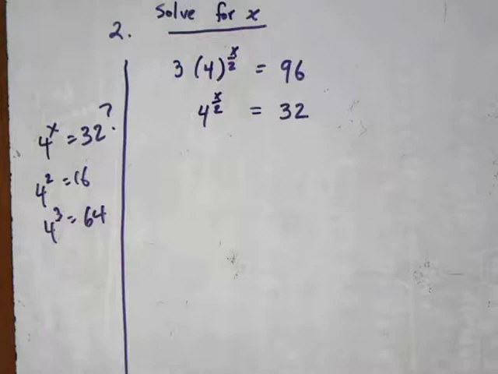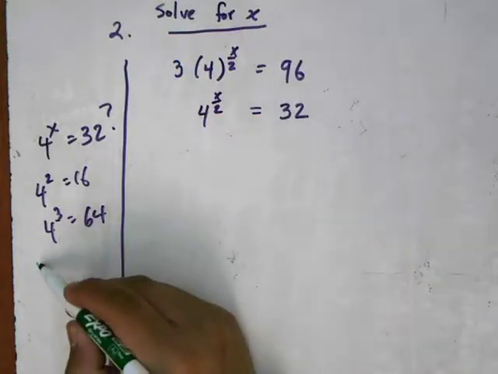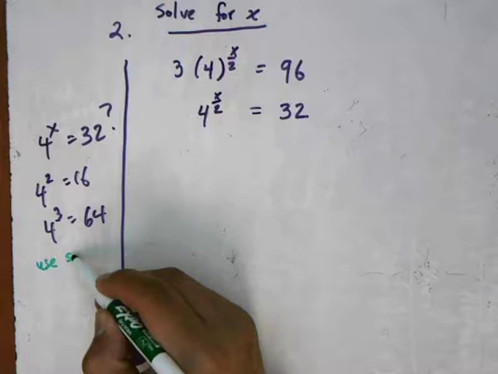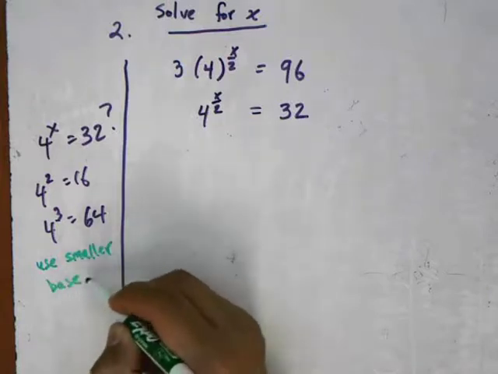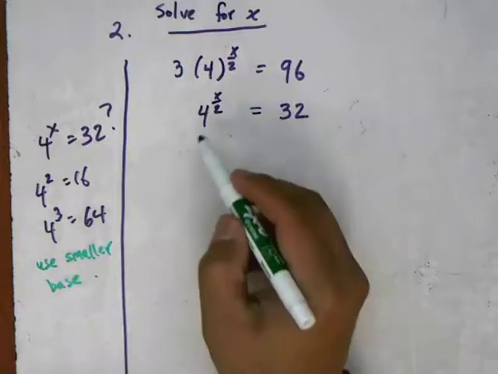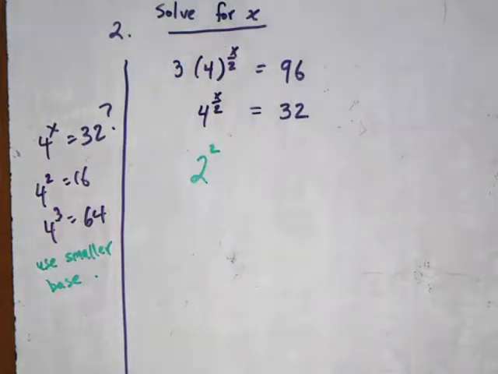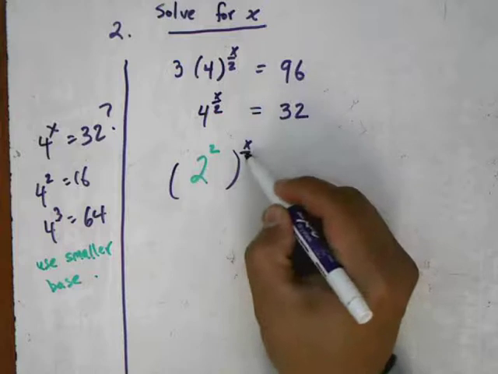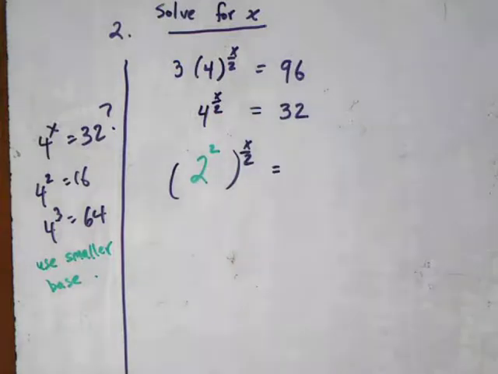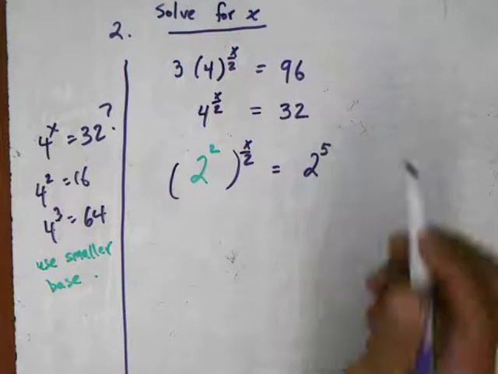So we're going to find a simpler base. It's still going to be common, but an even smaller or simpler base. So I'm going to rewrite this 4 as 2 squared, and then I'm going to rewrite 32 as 2 to the 5th.